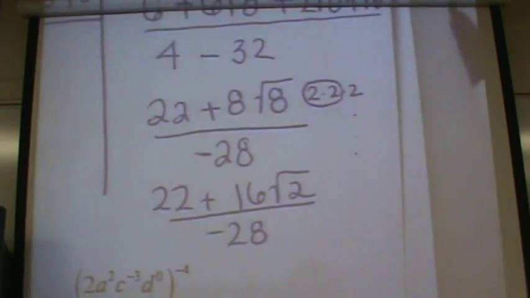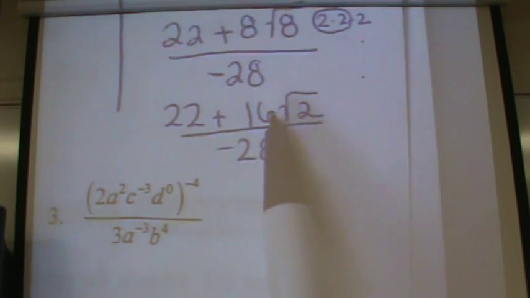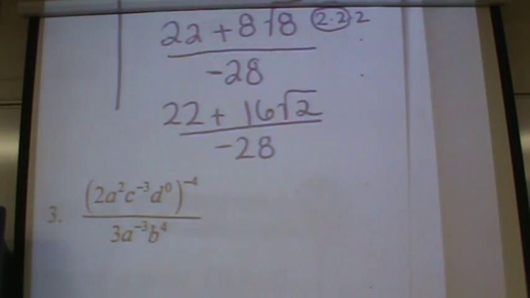Now, can you think of a number that you could simplify all three of? What's the biggest number that goes into 22, 16, and 28? 2 goes into 22, 2 goes into 16, and 2 goes into 28.